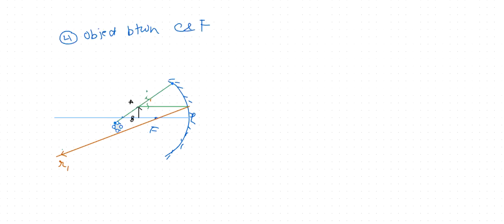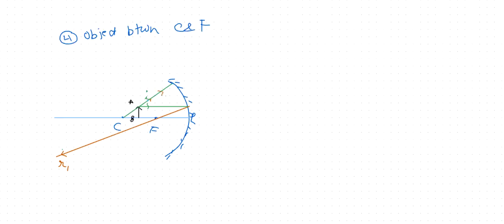Okay, I'll keep it like this. Okay, so this is the object and the incident ray is going from the center of curvature to the mirror. So I call it as I2.